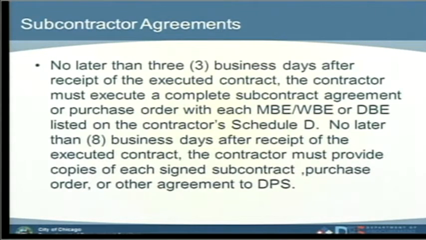No later than 8 business days after you have received the contract from the city, you need to submit a copy of each one of those subcontractor agreements to the Department of Procurement Services.